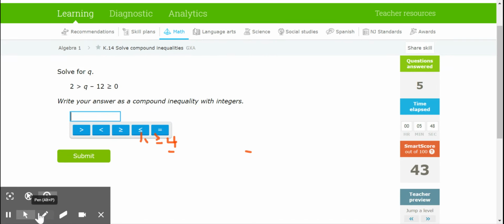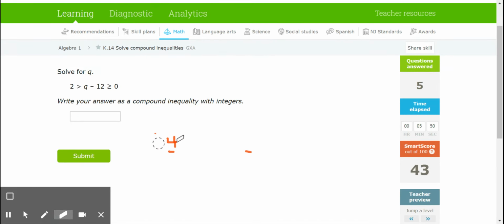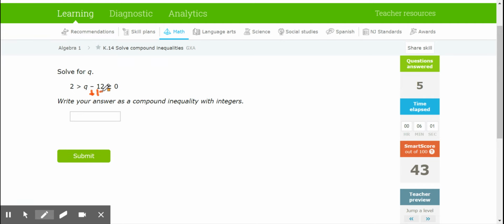Just erase some of this. All right, this is all connected, so this is going to be an and statement. I'm going to keep it connected. I'm just going to undo the 12. So add 12 to both sides. Oh, to all sides.